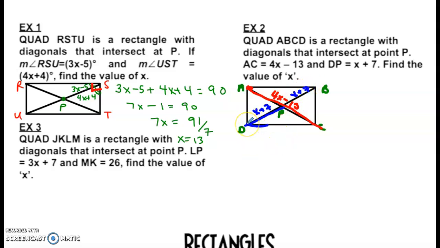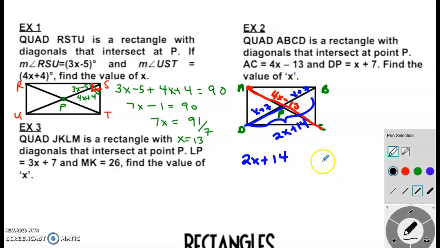So what I really have here is a 2x plus 14. So I would say 2x plus 14, because an x plus an x and a 7 plus a 7 equals a 4x minus 13. So let's go ahead and solve this.